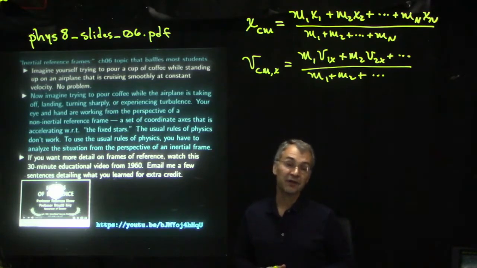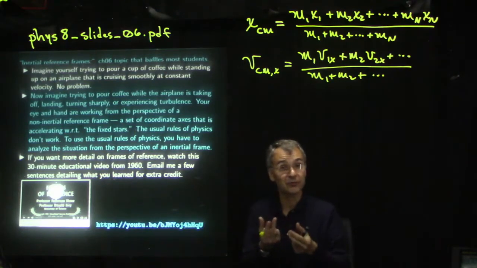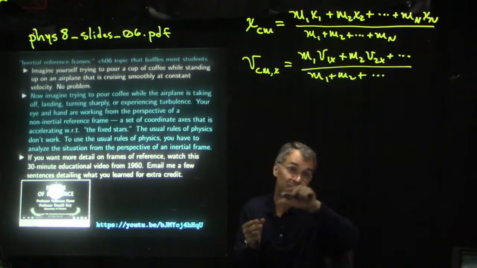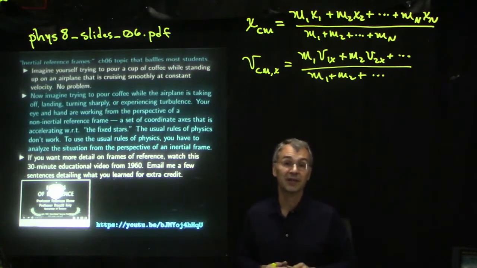But it's a very, very good approximation, except for things that are extremely large or things that are moving extremely fast, that the surface of Earth itself is an inertial reference frame. Actually, that also ceases to be true during an earthquake when the surface of Earth itself is shaking back and forth.